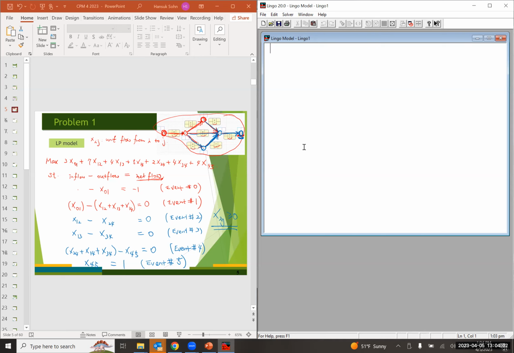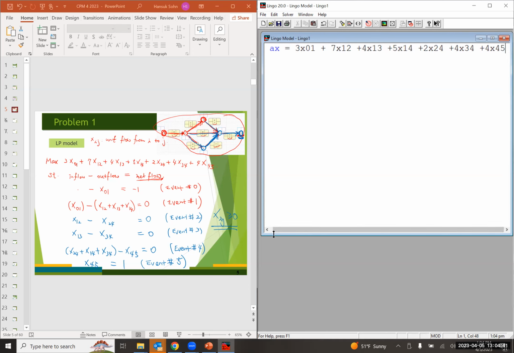So that's going to be max equals, right? 3*x01 plus 7*x12 plus 4*x13 plus 5*x14 plus 2*x24, 4*x34, and 4*x45, right? Oh, and I forgot asterisk as the multiplication symbol.